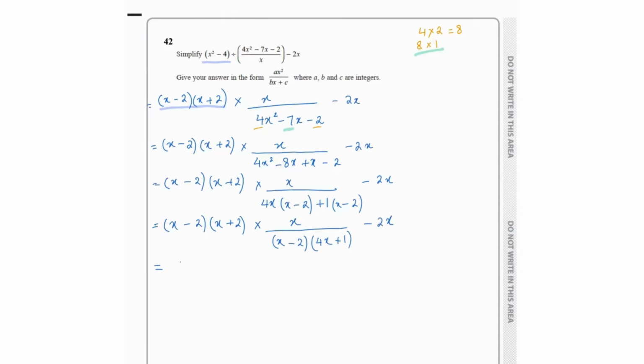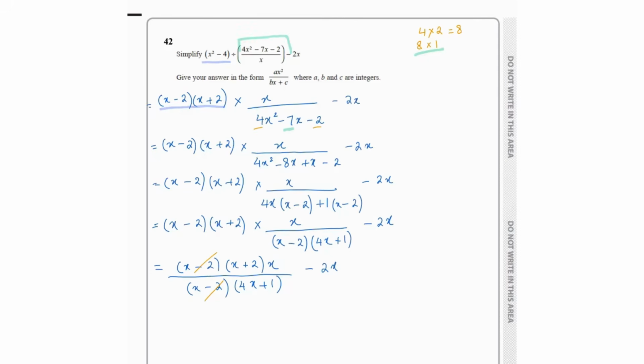Rewrite this as a single fraction because they're being multiplied. So it's x minus 2 times x plus 2 times x in the numerator. The denominator, we have x minus 2 times 4x plus 1. Now you can clearly see that x minus 2 is being divided by x minus 2, so they get cancelled out. And over here we have this minus 2x.